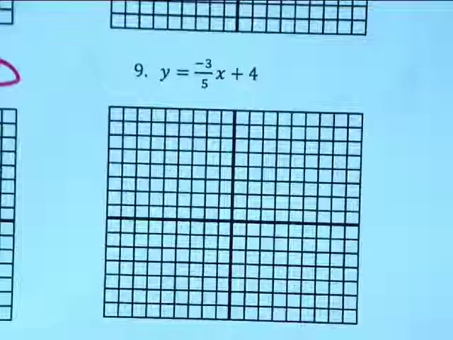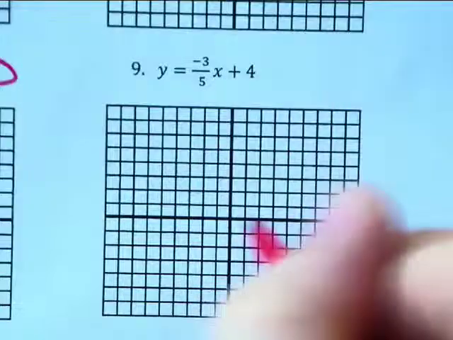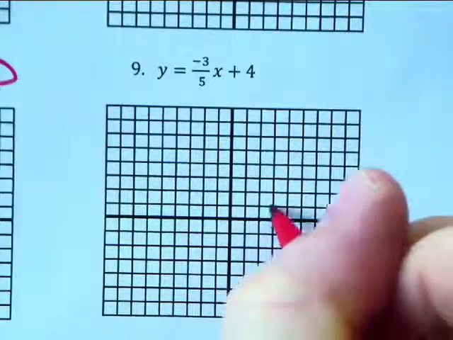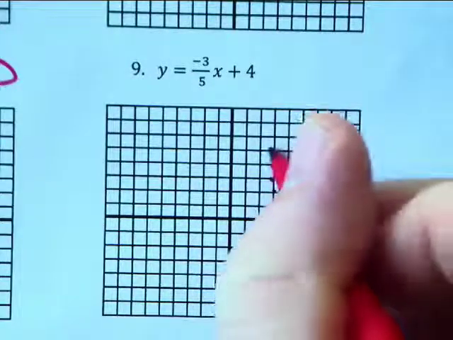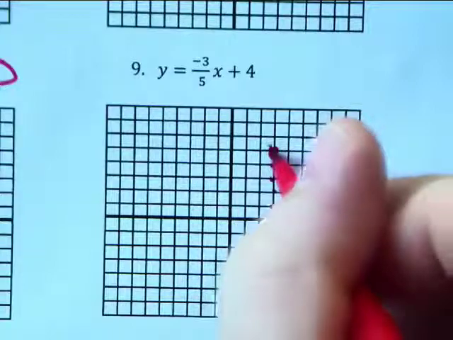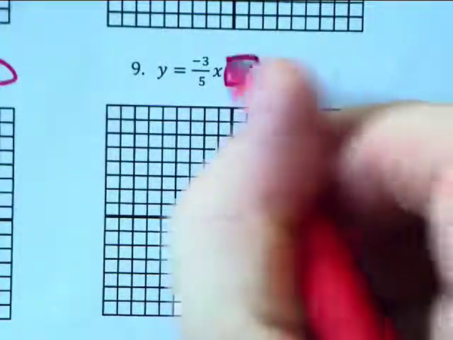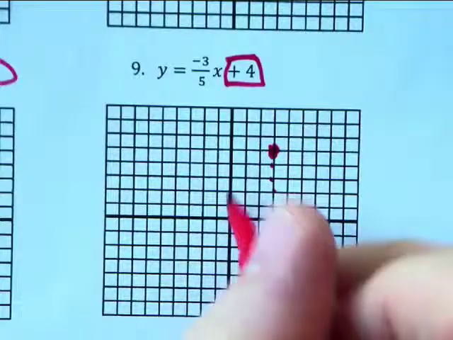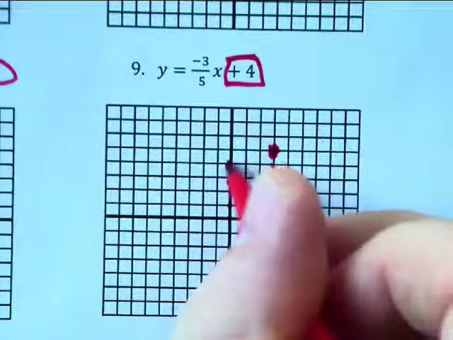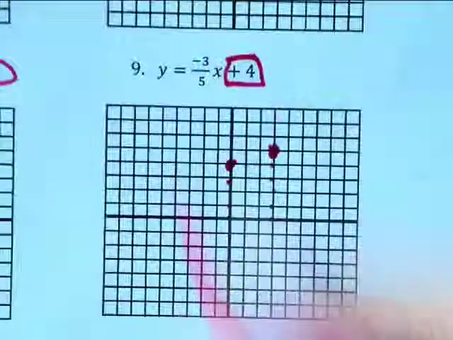Okay, one more. We want to find out if (3, 5) is part of the solution. Our y-intercept is positive 4. So 1, 2, 3, 4. And then we're going down 3 and positive 5.